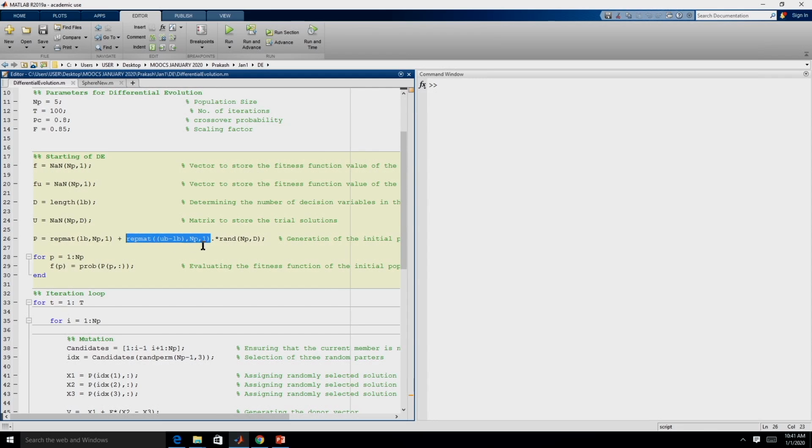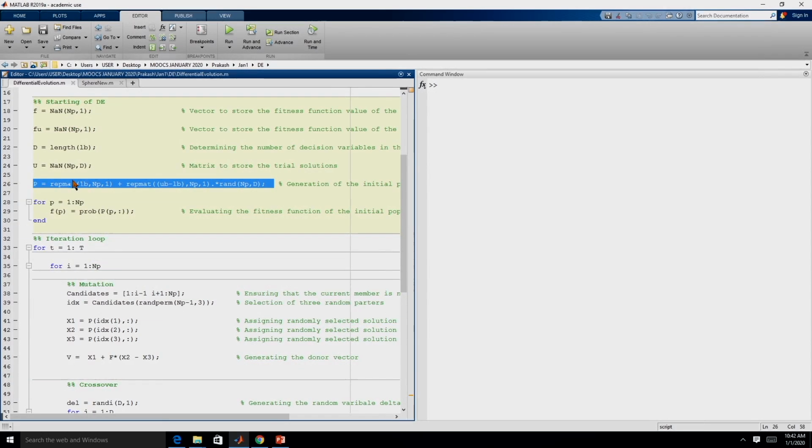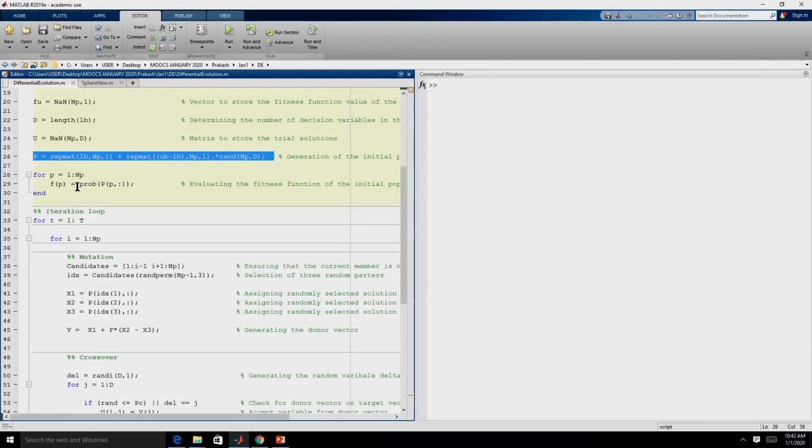So, this will be NP cross D, and we generate NP cross D random numbers between 0 to 1 and do an element wise multiplication with this range. So, this will help us to generate the initial population. So, line 26 will help us to generate the initial population. That is similar to what we have done in teaching learning based optimization and particle swarm optimization.